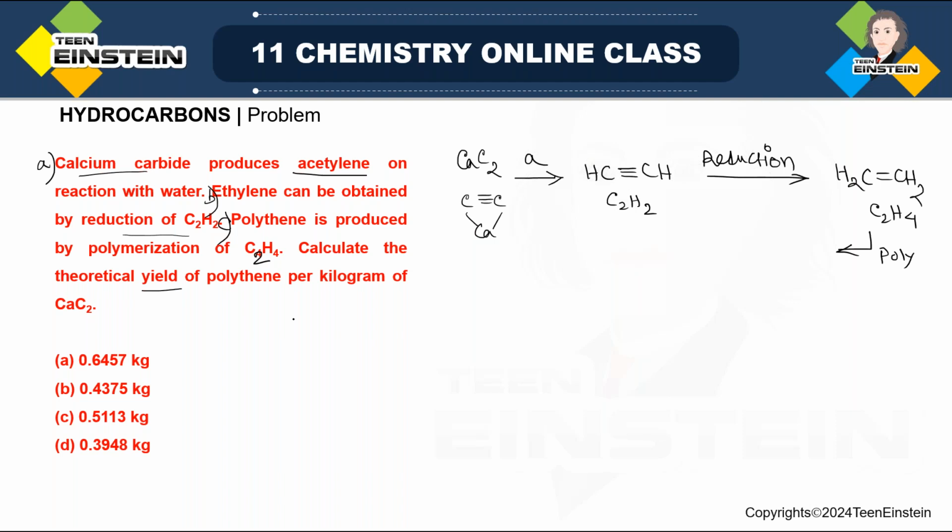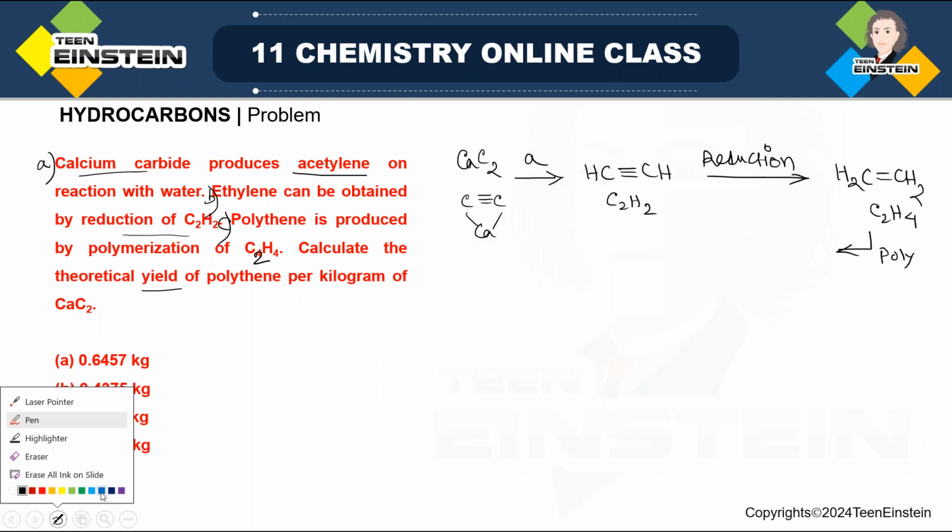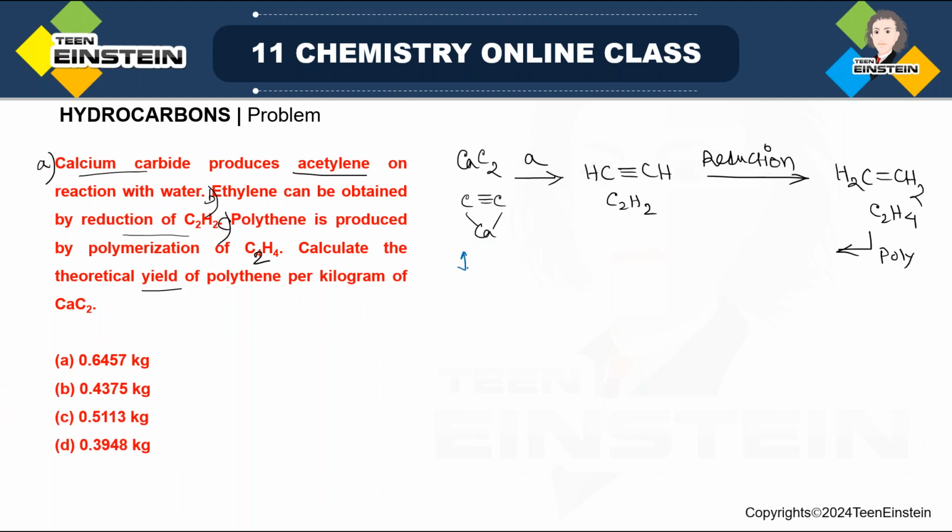Okay, so here we will see per kilogram. That means here the amount is 1 kg for CaC2. Now, if it is 1 kg, if you convert it to gram, it will be 1000 gram. Now, we need the molar mass of CaC2 if we want to calculate the moles.